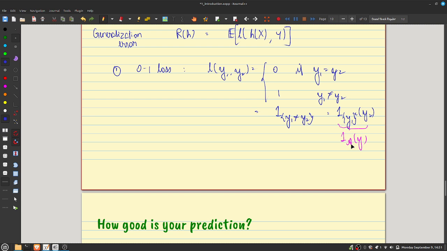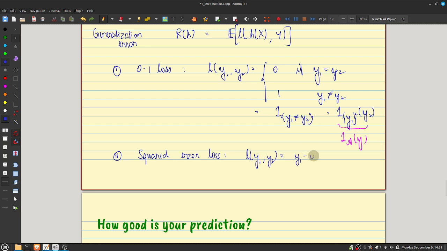Okay, so that's one particular loss, but you can define a number of other losses. Some commonly used loss functions are the squared error loss, L of y1, y2 equal to y1 minus y2 the whole squared.